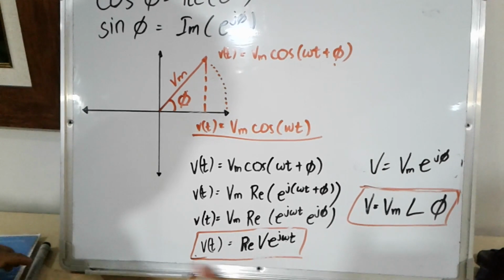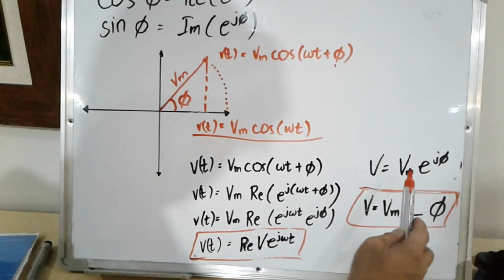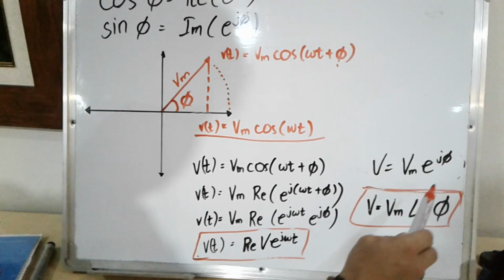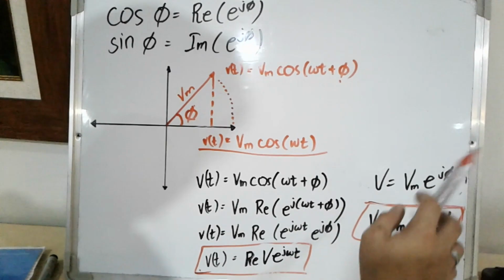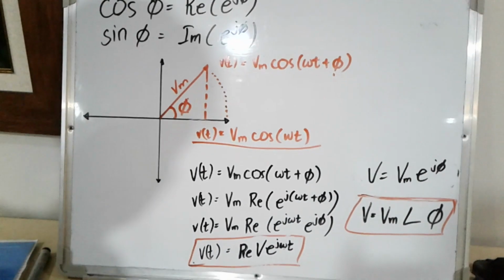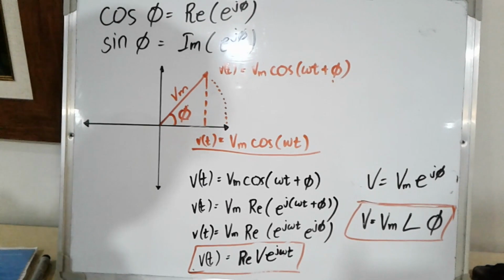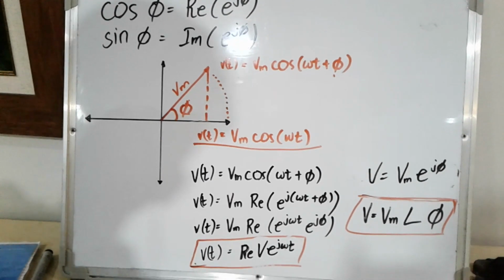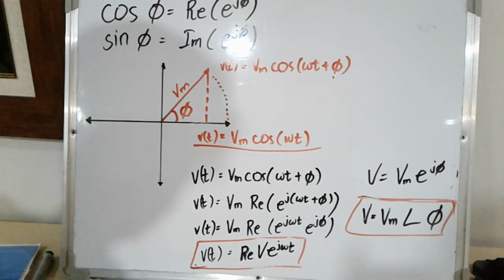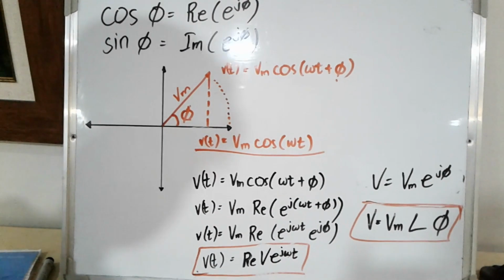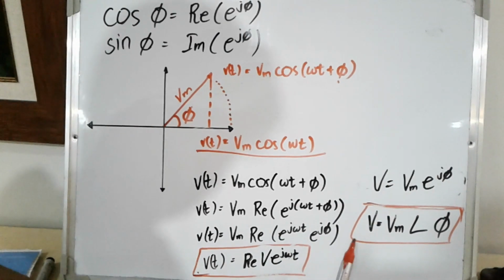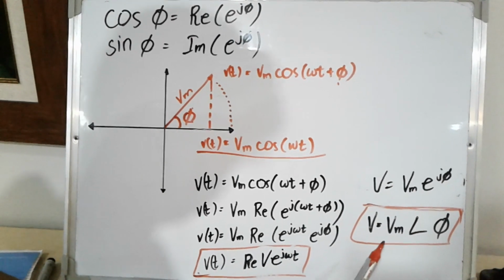This V here represents V equal to V max times e to the power of j phi. So this equation shows the time domain representation of this phasor, while this equation can be written into polar form.